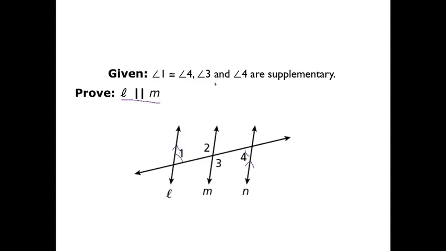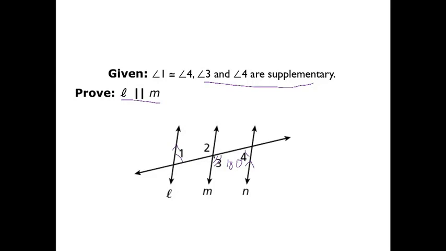What I know is that 3 and 4 are supplementary. So whatever 4 is, unless it's 90 degrees, 3 is a different angle. And the two of these add up to 180 degrees. Okay? So between the two of them, they make 180 degrees.